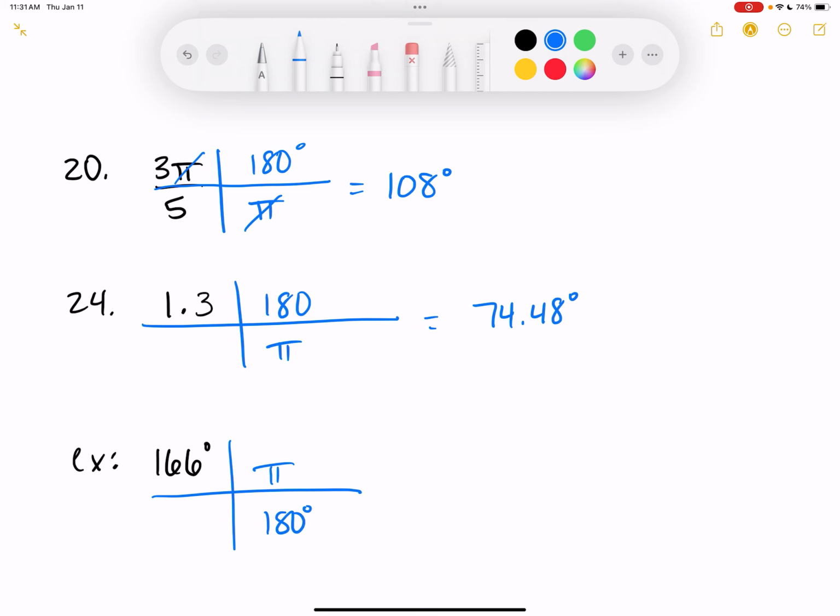But these aren't nice even numbers that are going to come out to something that cancels out nicely. So we're going to actually multiply 166 times pi and divide by 180, and then get our answer. One decimal place is fine if it goes out more than that.